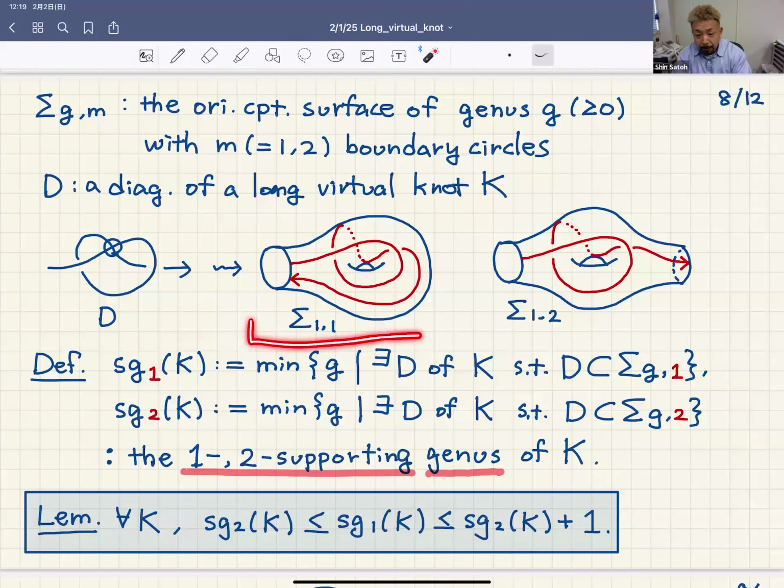The first realization is on some surface with one boundary circle, such that both endpoints of the diagram lie on the boundary. This is essentially the same as the previous realization with a base point at infinity, by shrinking this circle to one point. On the other hand, the second realization is on some surface with two boundary circles, such that the endpoints of the diagram lie on different boundary circles.